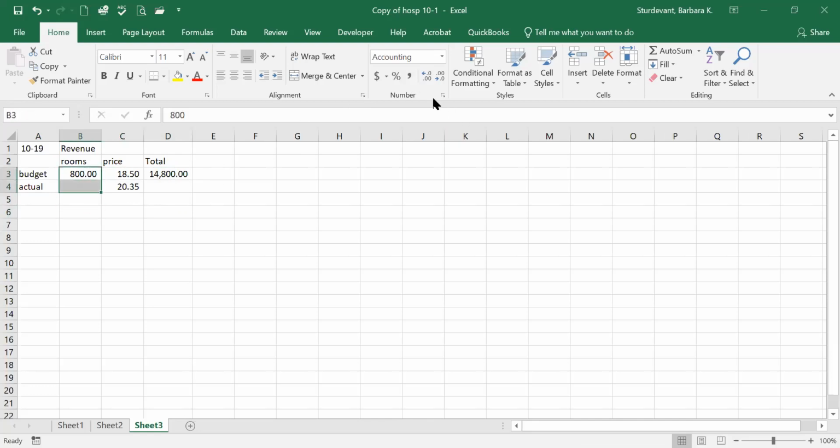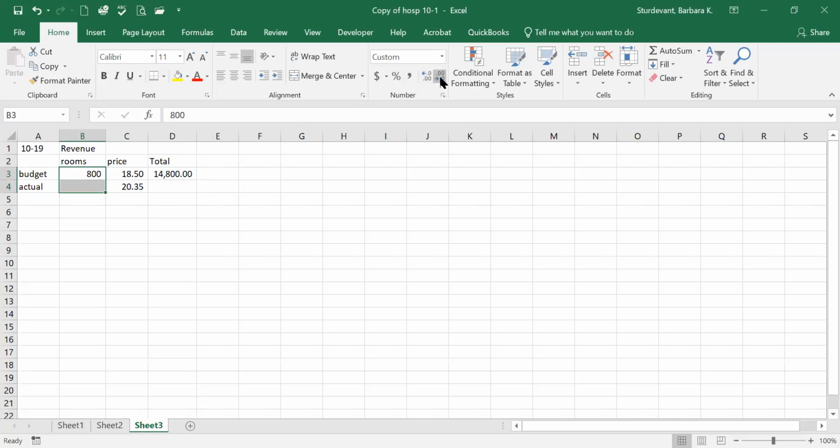All right, they tell us that the actual rooms sold were 10% less. So we're going to take what was budgeted and multiply by 1 minus 10%.